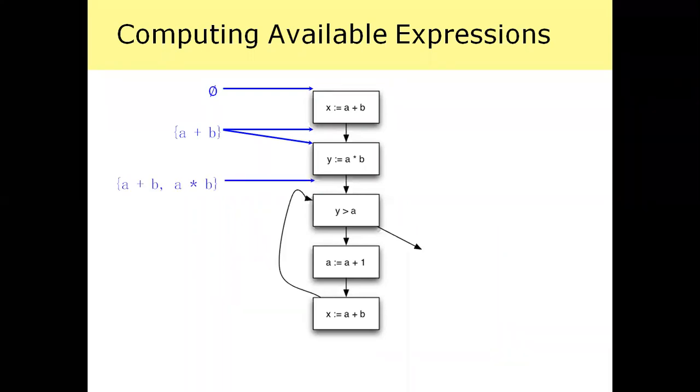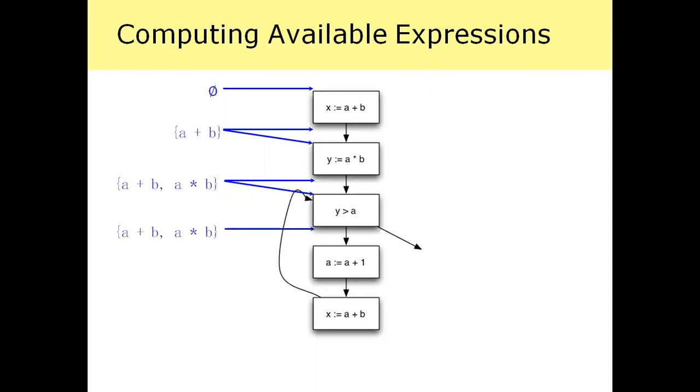Then it is given to the conditional statement while y greater than a, and here we get a plus b and a into b, the same statements we generated before, nothing different.